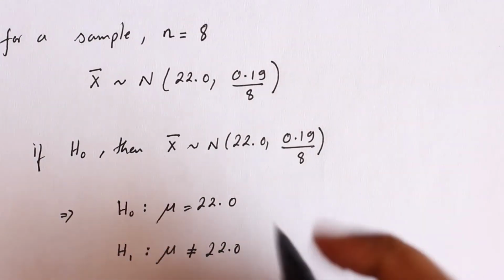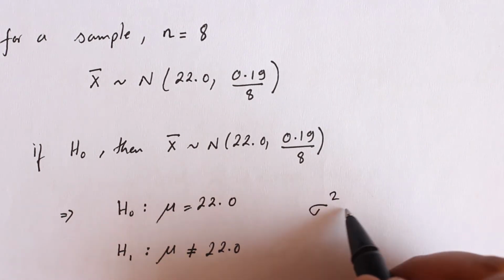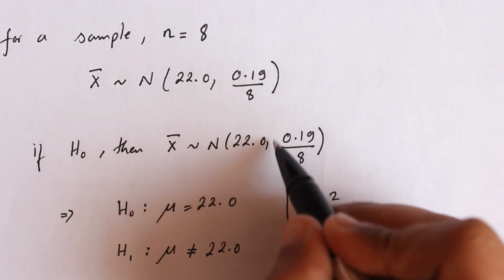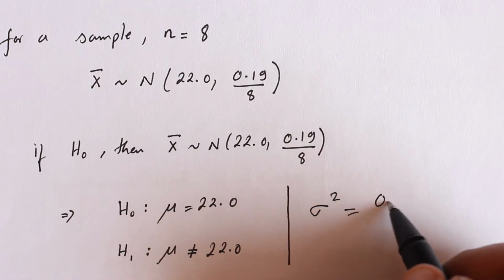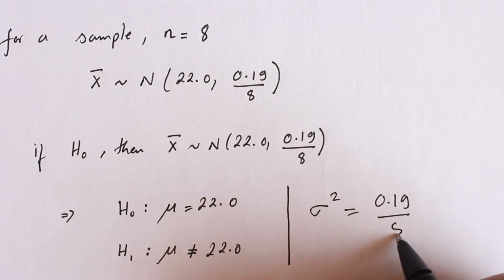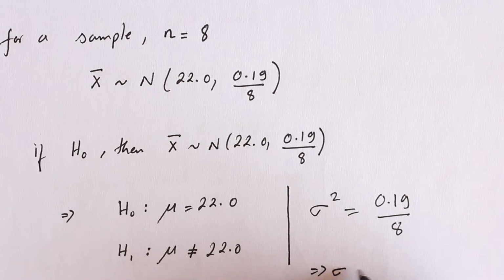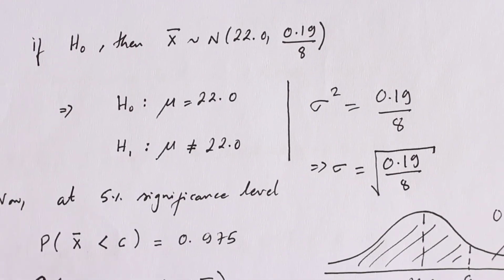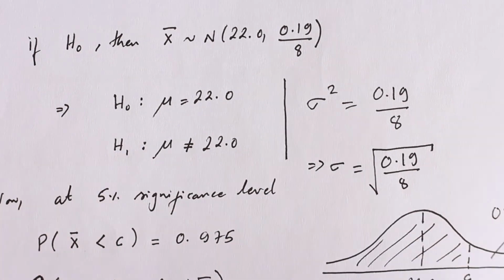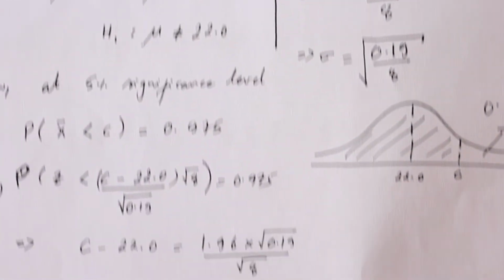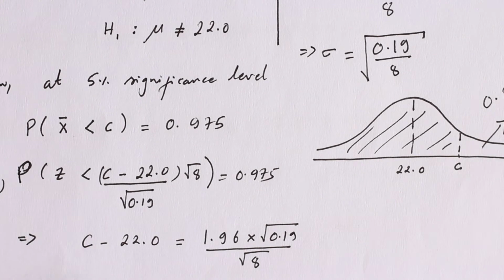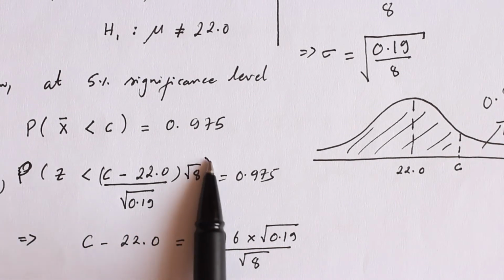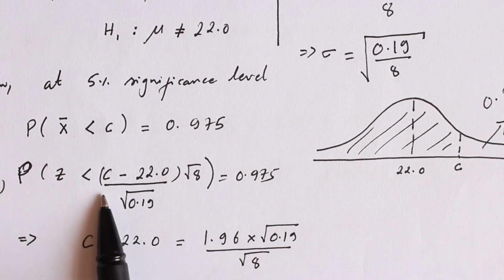Because we know that sigma squared is 0.19 divided by 8, this implies sigma equals the square root of 0.19 over 8. So if we take this to be sigma and divide it here, we will get the value of C.